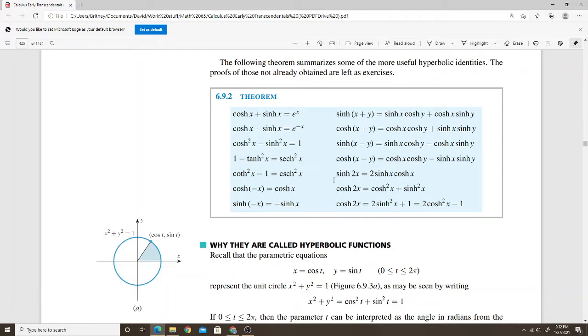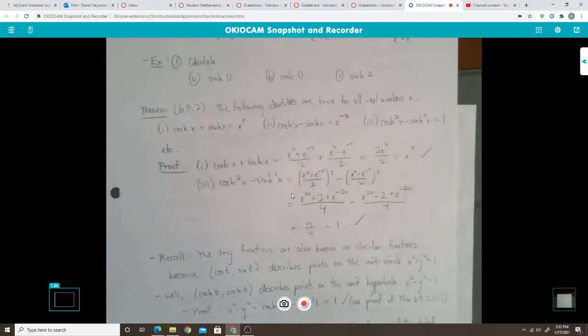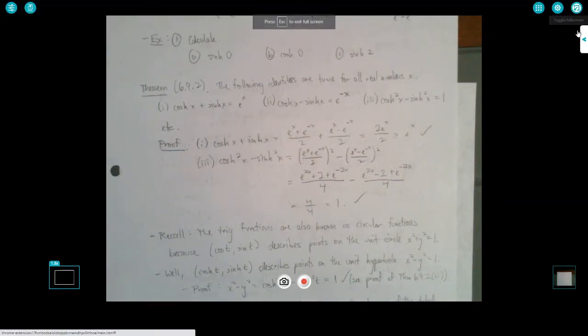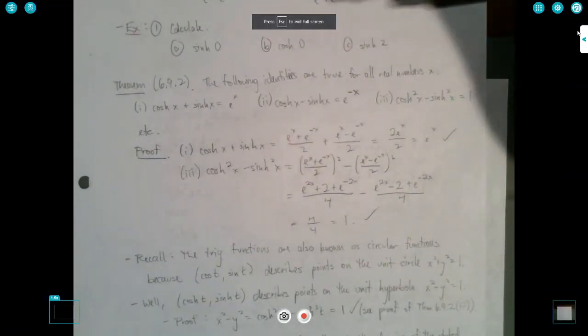You have these double angle identities, right? So sinh of 2x is 2 sinh x cosh x, just like sine 2x is 2 sine x cosine x, right? So lots of similarities between the hyperbolic functions and the trig functions, and we'll talk about why that is here in a second. But for now, let's prove just a couple of these.